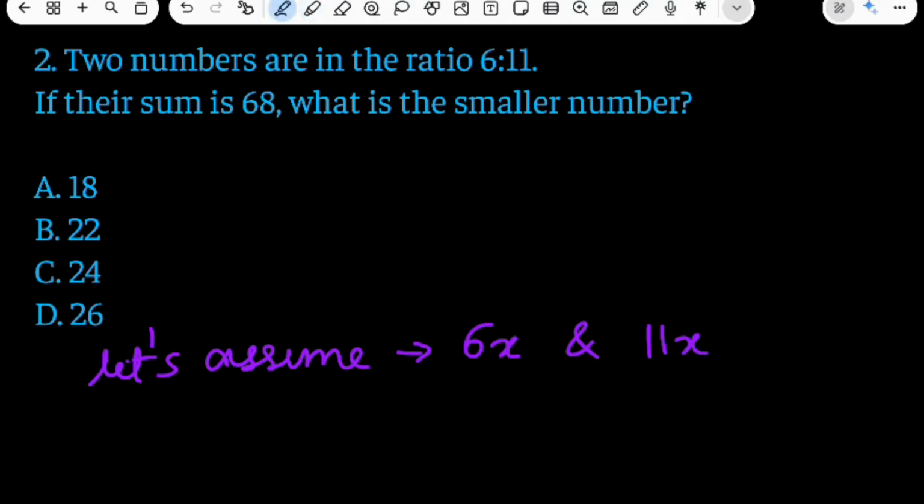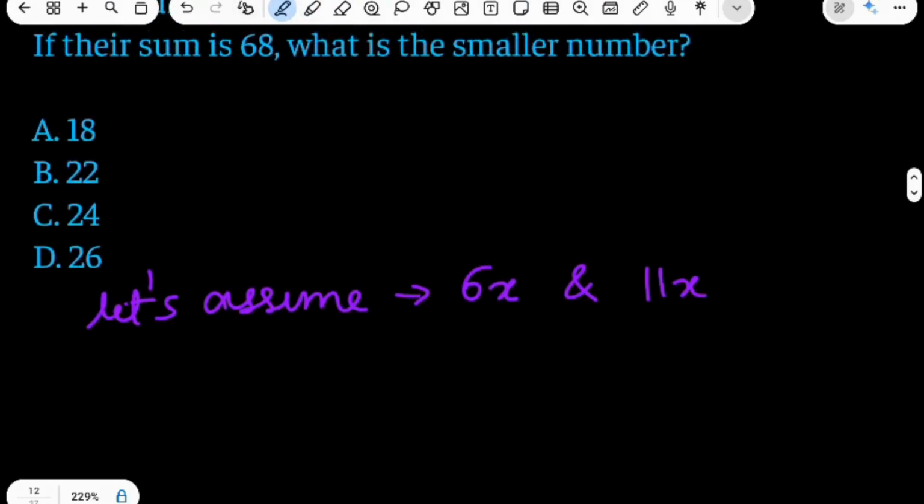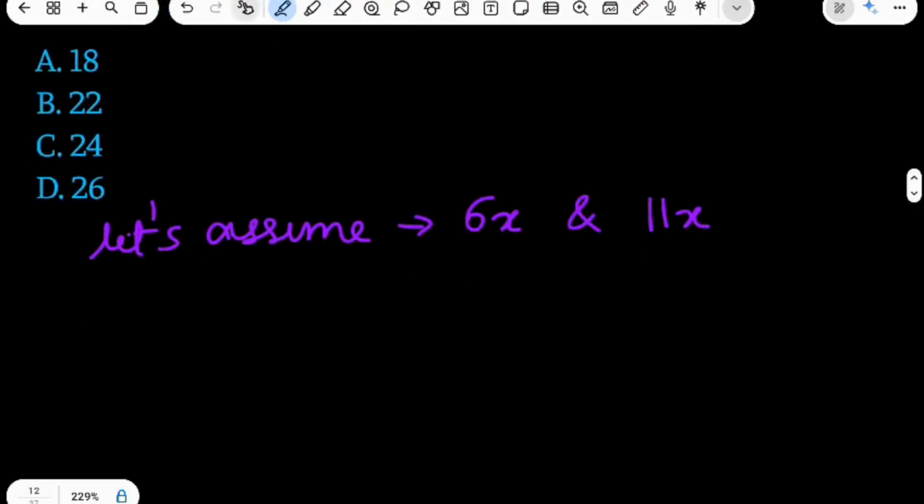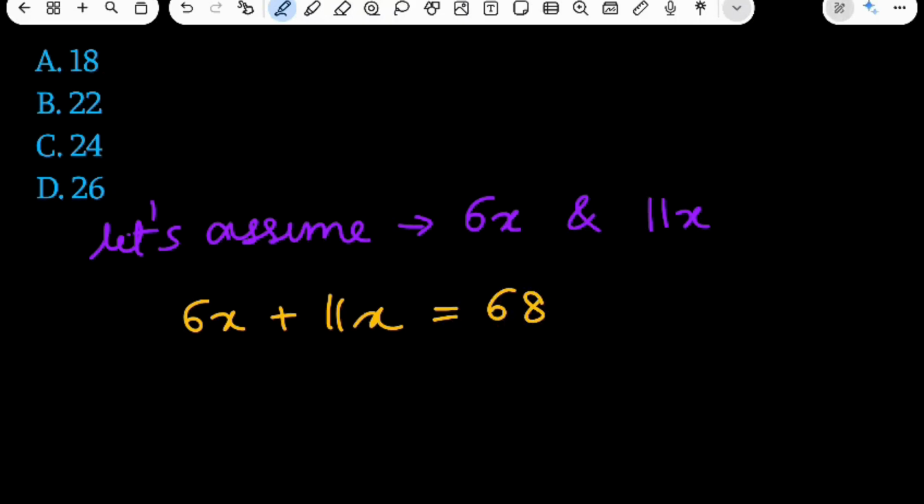Now it is said in the question that the sum of these two numbers is 68, so we write: the sum of these two numbers is equal to 68. We simplify it by adding these two numbers, and we get 17x is equal to 68.